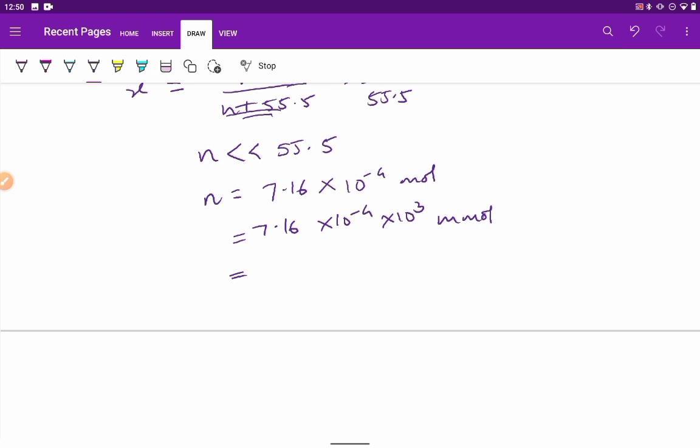On multiplying, what we get is 0.716 millimoles.